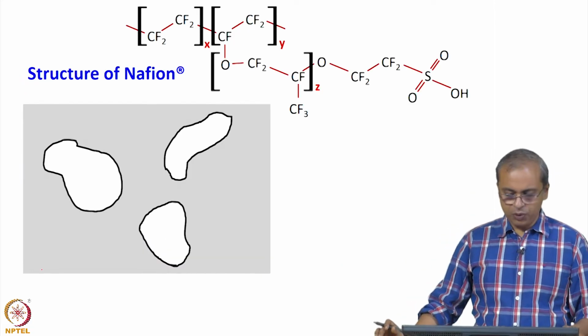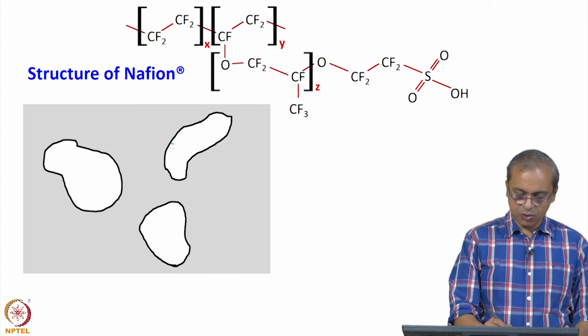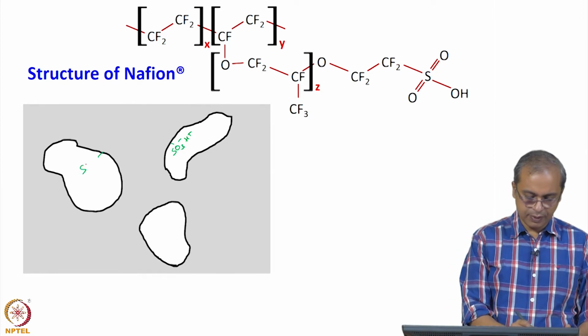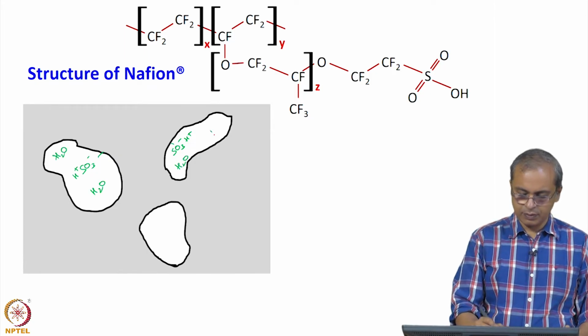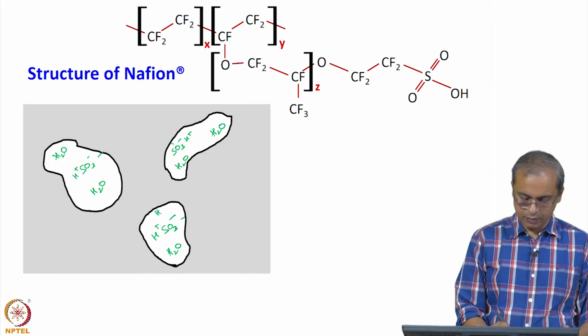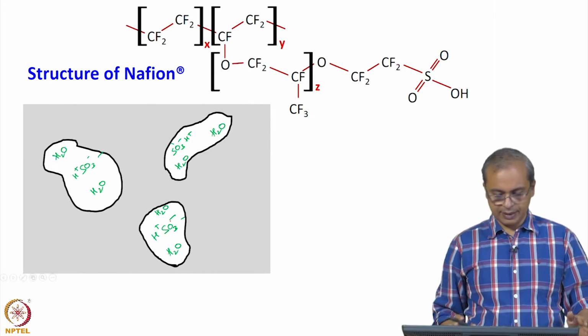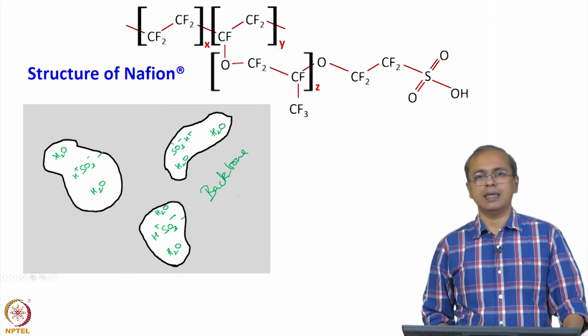For example, if you look at the Nafion structure, as I mentioned here, you have these SO3- H+ groups, plus you also have water, and then you have the backbone of this polymer.